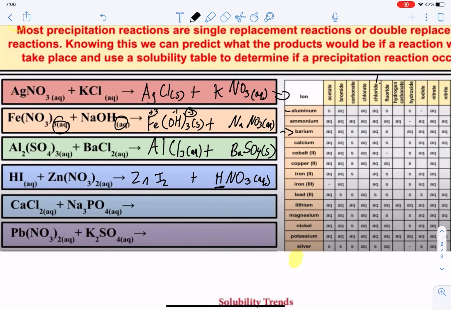So hydrogen, that's just going to be automatically aqueous. For zinc iodide, we got to look at the table here. Oh, and that one also got cut off, unfortunately. But if we scroll down, or if we use iodide and zinc, we'd actually see that that is our solid. Or, sorry, excuse me, that's actually a precipitate. So what that means is that we have no precipitate in this one.